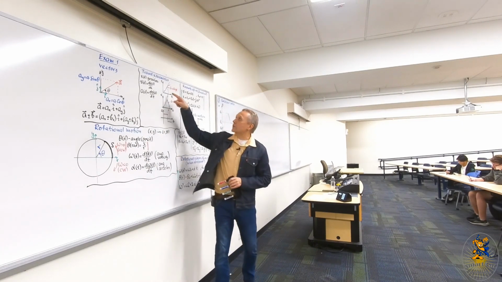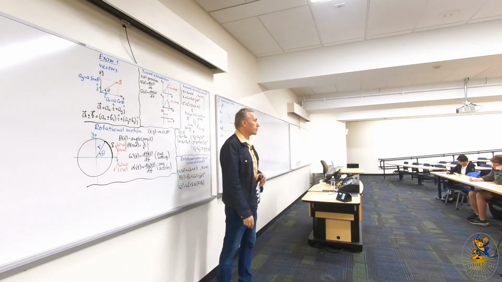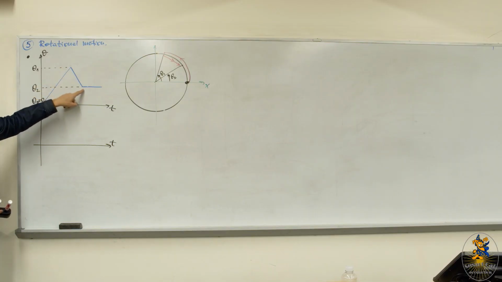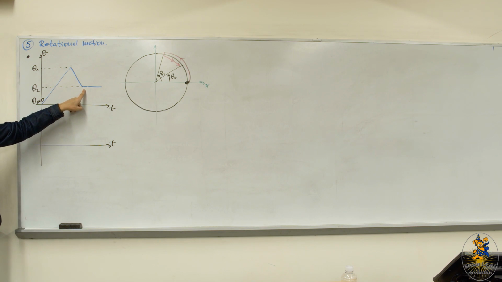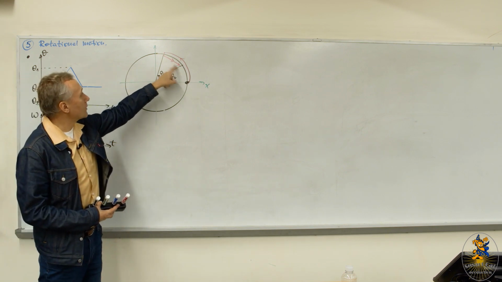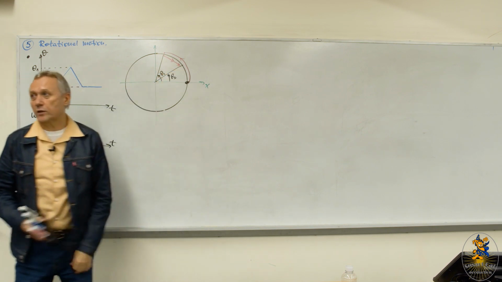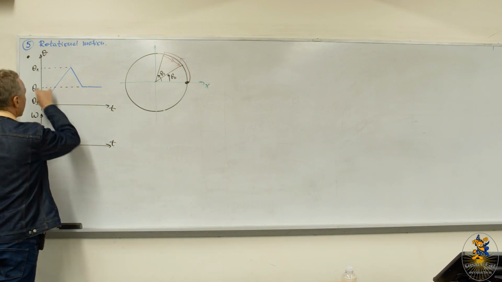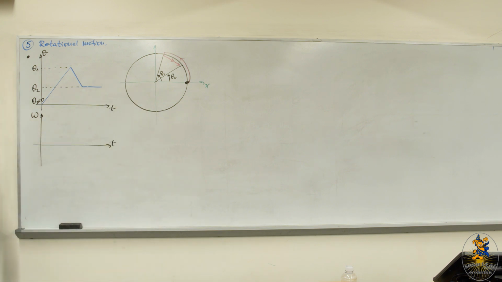Just as here, we need to look at the slope of the graph. And of course, what happens at theta 2? It stops turning, so there is no movement. After it reaches theta 2, rotation stops, and the angle doesn't change as time goes by.